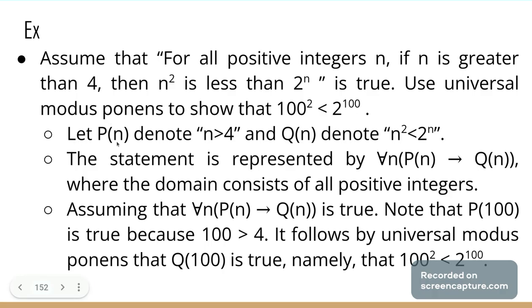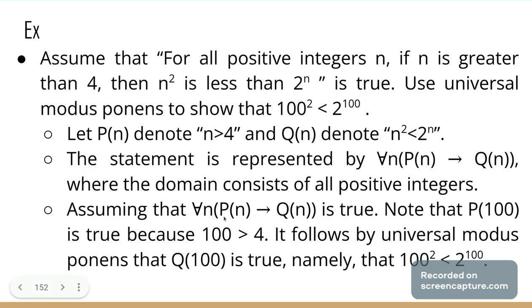Let P of n denote n greater than 4 and Q of n denote n squared less than 2 raised to n. The generalization statement is represented by for all n, P of n implies Q of n, where the domain consists of all positive integers.